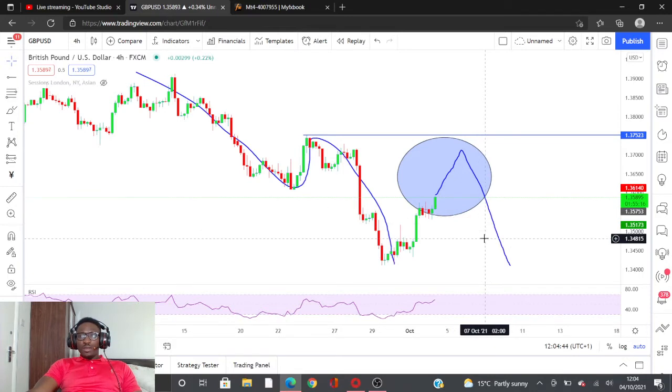So that's why sometimes in trading you have to look at the bigger picture. It's not about one trade. It's not about two trades. Don't ever look to make a huge amount of profit on a single trade, or try to risk too much on a single trade, because based on today's pattern, I wouldn't classify that as my favorite pattern when it comes to this particular strategy that I'm trading.